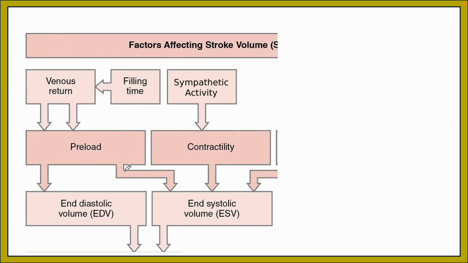All right, looking at factors that affect stroke volume, the first thing we're going to look at is the preload. So things that will affect preload, predominantly it's going to be dominated by venous return. Generally, the key idea here is that the heart can only pump what it receives. So the more blood that it gets via venous return, the more that it's going to have. So the filling time, this is largely determined by the heart rate.